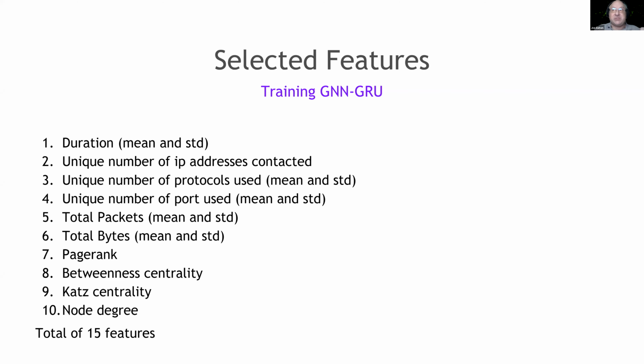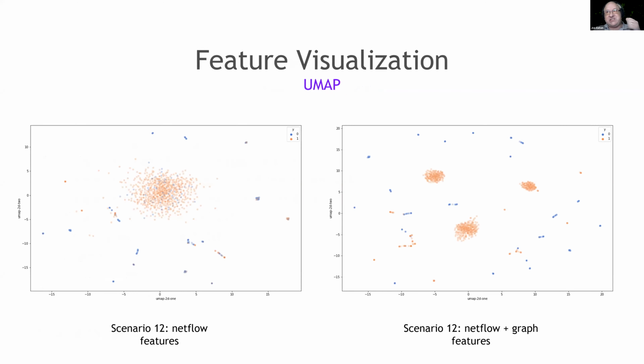And then we tried it without those features. And this is the interesting thing. We see with just the netflow features on the left, it's really hard to identify there's 3 bots in here. When you add in the graph analytics features, the 3 bots separate out and kind of jump out at you and say, ha, there's 3 of them, which is not obvious from just the netflow features.